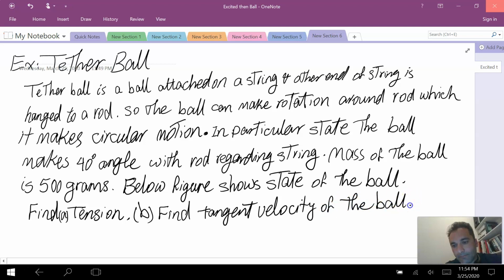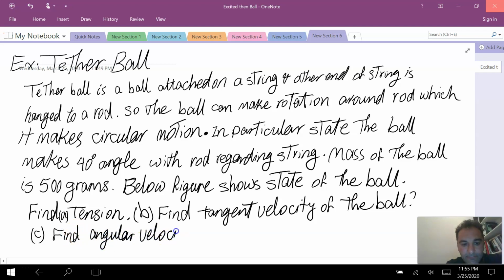C: find the angular velocity of the ball.